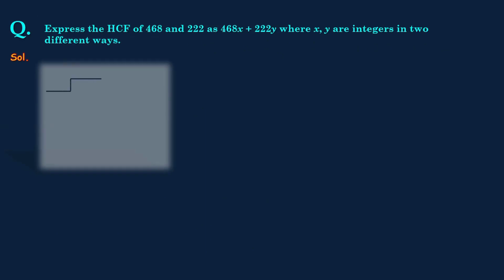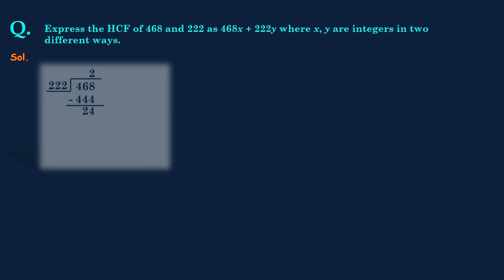Now the next question: express the HCF of 468 and 222 as 468x plus 222y, where x and y are integers, in two different ways. So we need to find the HCF of 468 and 222. Here we apply Euclid's division algorithm.